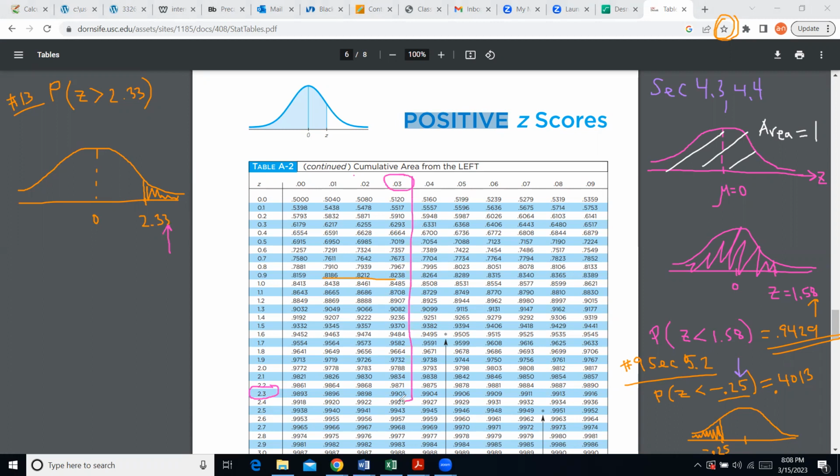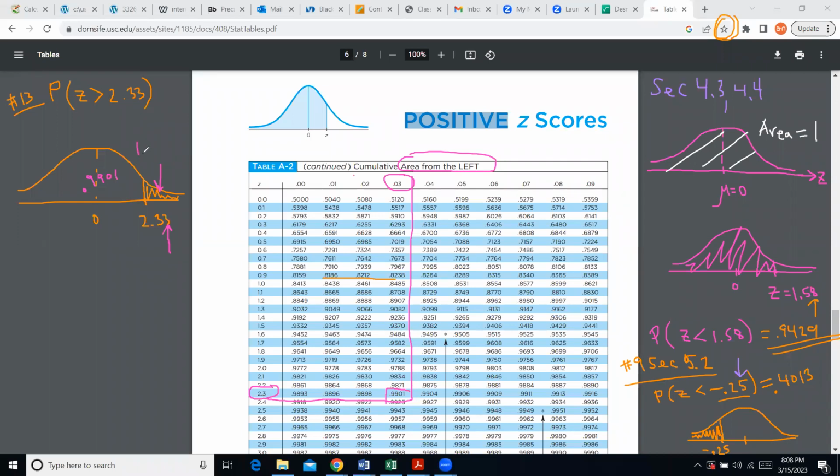So right at the intersection of those two, I'm getting the number .9901, but this is not the answer yet, because this .9901 is always my area from the left, right? What I need is the area on the other side, from the right.